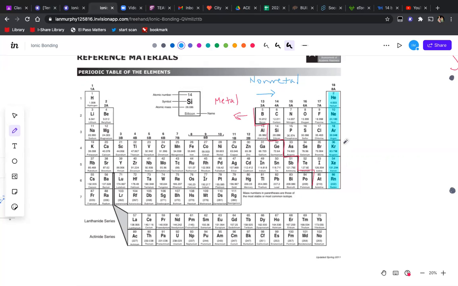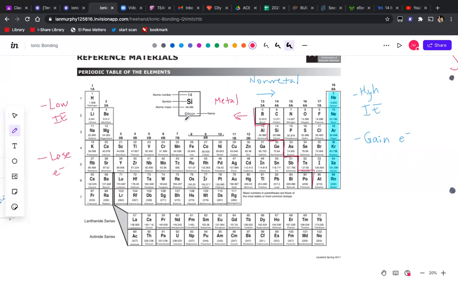Right, so if you're on this side, you probably have a high ionization energy, which means you're more than likely to gain electrons. But if you're on this side of the periodic table, you more than likely have a low ionization energy, and you're more than likely to lose electrons.